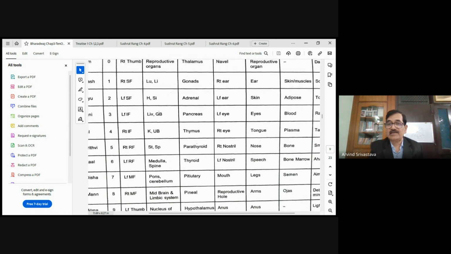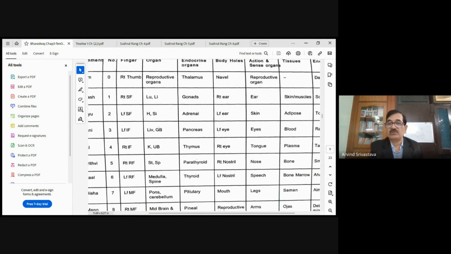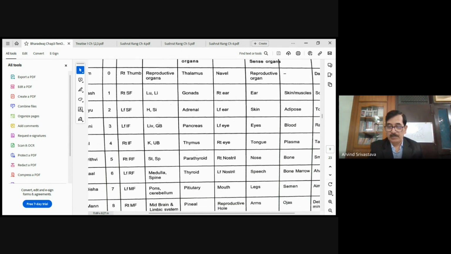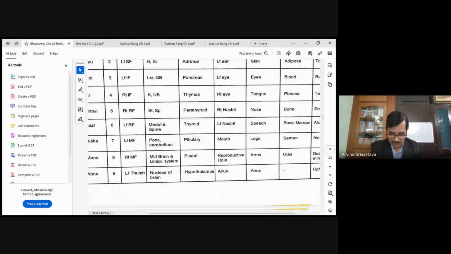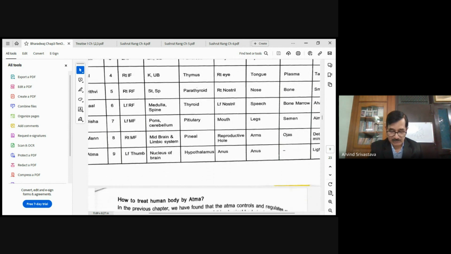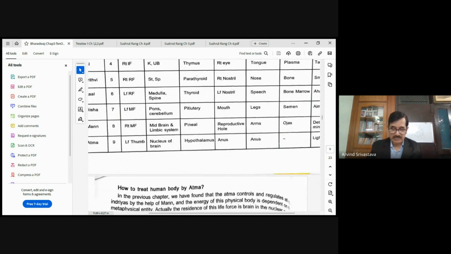Anus is kept on the 0 number. Okay, please change it. So the urinary and reproductive organ is kept in Atma, that is 9 number, and anus has been kept in action organs, associated with the thumb.